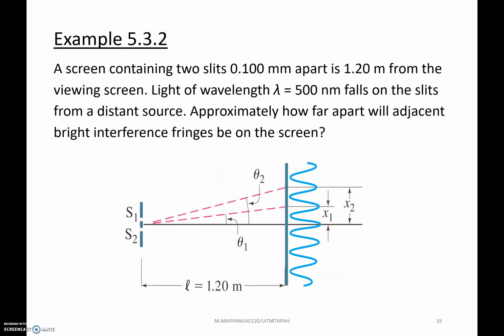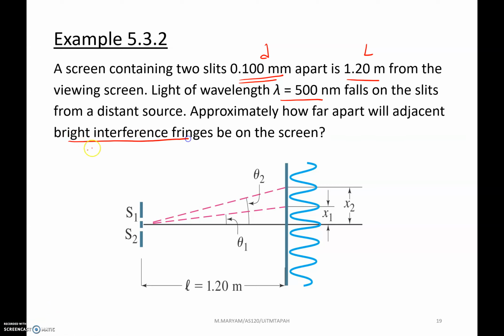The two slits 0.1 millimeter apart will be our d, and 1.2 meter from the viewing screen will be your L. Light of wavelength lambda equal to 500 nanometer falls on the slits from a distant source. Approximately how far apart will adjacent bright interference fringes be?